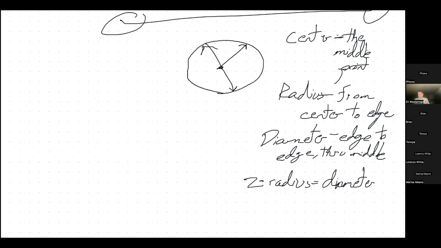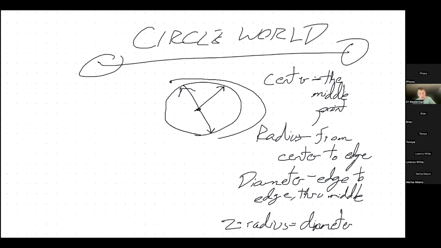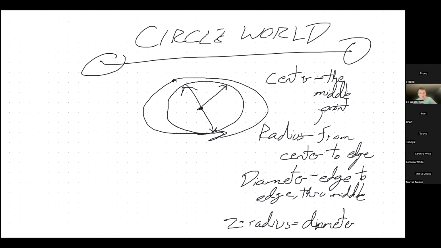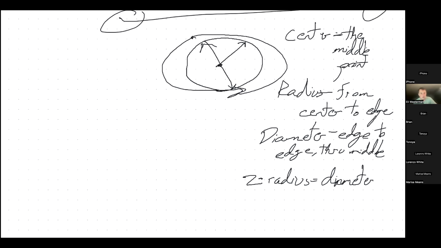All right. So one more term, the circumference. All the way around the circle. Circumference is the distance around the circle.